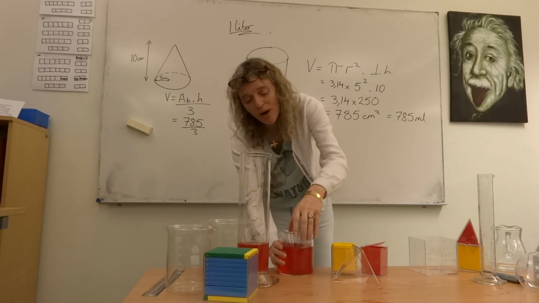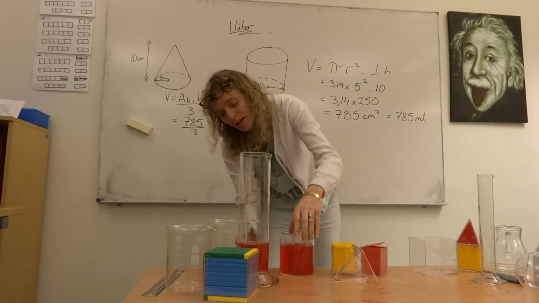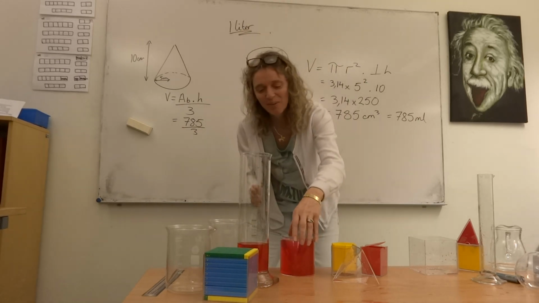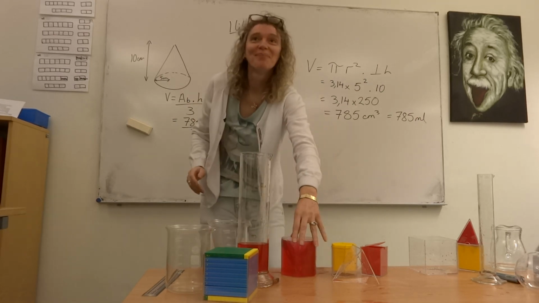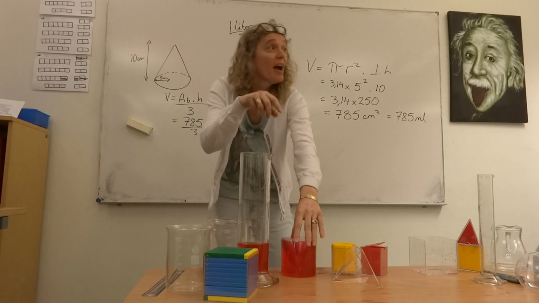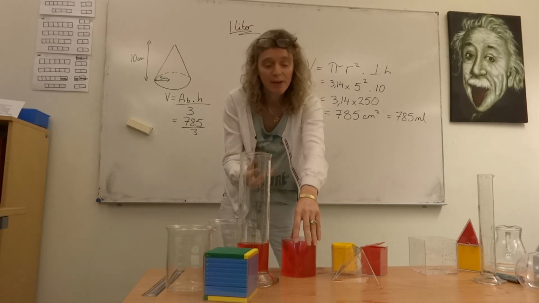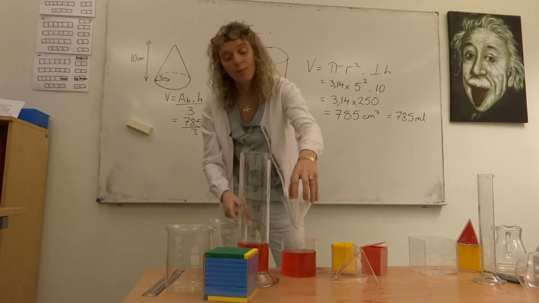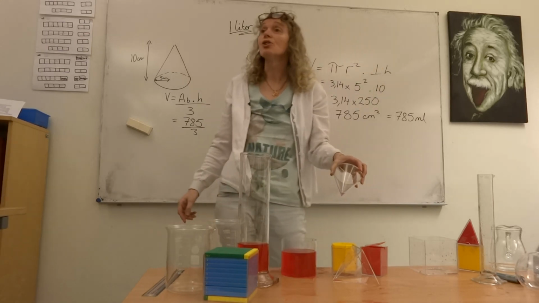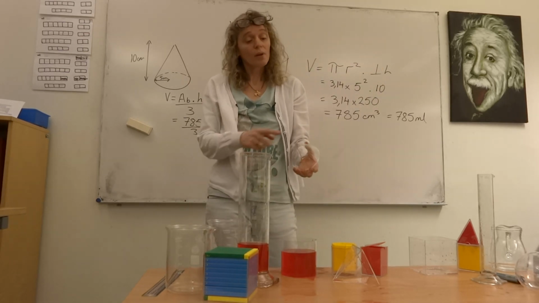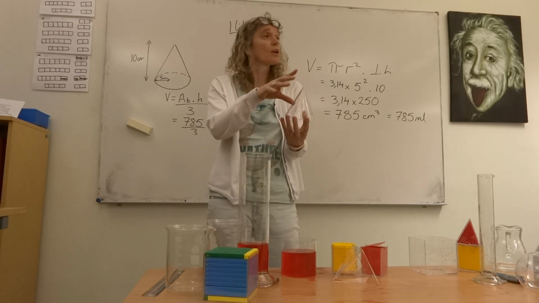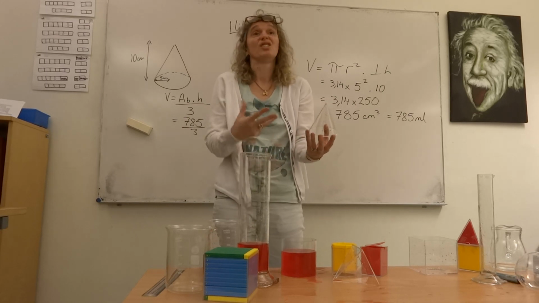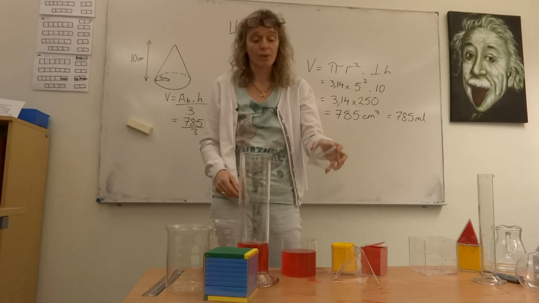Okay, so now when I fill this cylinder with the cone, it looks full, doesn't it? But let's take the cone out, and we can see that the cylinder is 2/3 filled with liquid. So if we were to put this cone inside the cylinder, 2/3 of it would be taken up with just air, and the other 1/3 would be taken up with the cone.